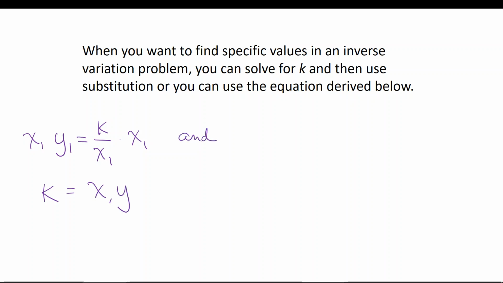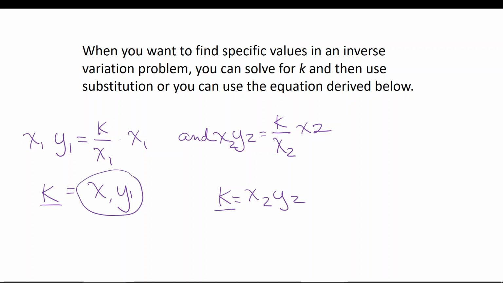And if I have y2, and it's also inverse, k over x2, again, if I solve for k, multiply both sides by x2, and I have, again, k equals x2 y2. Then what we can say, since k and k are equal to both of these, we can just substitute and say, okay, well, x1 y1 is equal to x2 y2.